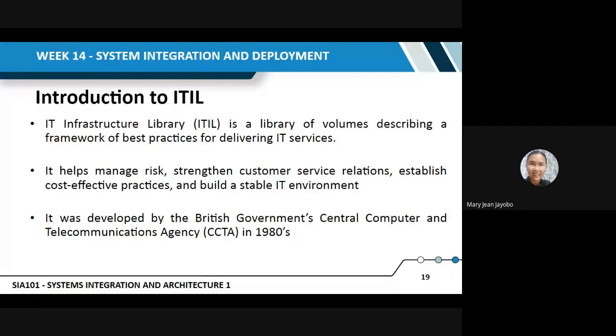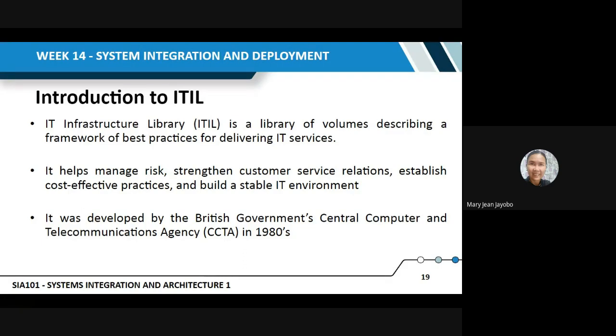So, again, I hope that you learned from our discussion for today about the web integration of IT or system in the business. So you learned how important it is to be able to integrate a system.